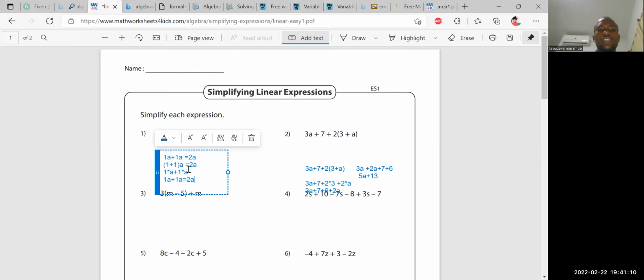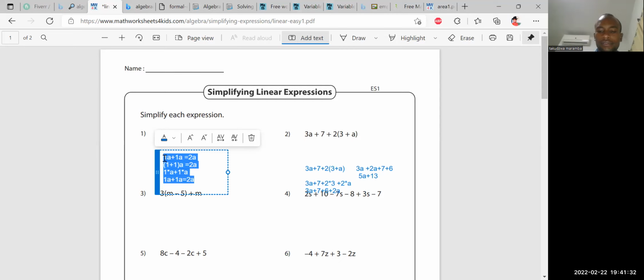So there's a concept of multiplying here of variables and constants. When we say 1 times a, we get 1a. Then when we say 1a plus 1a, we add 1 plus 1, then we get 2a.